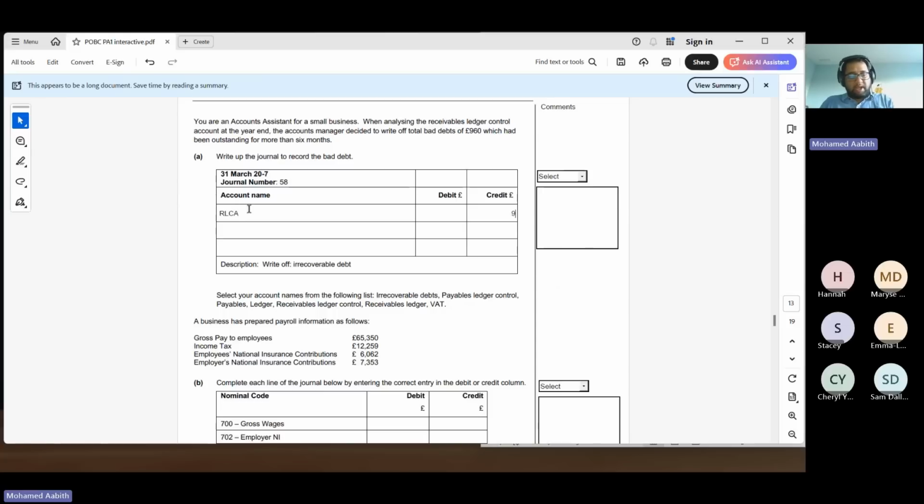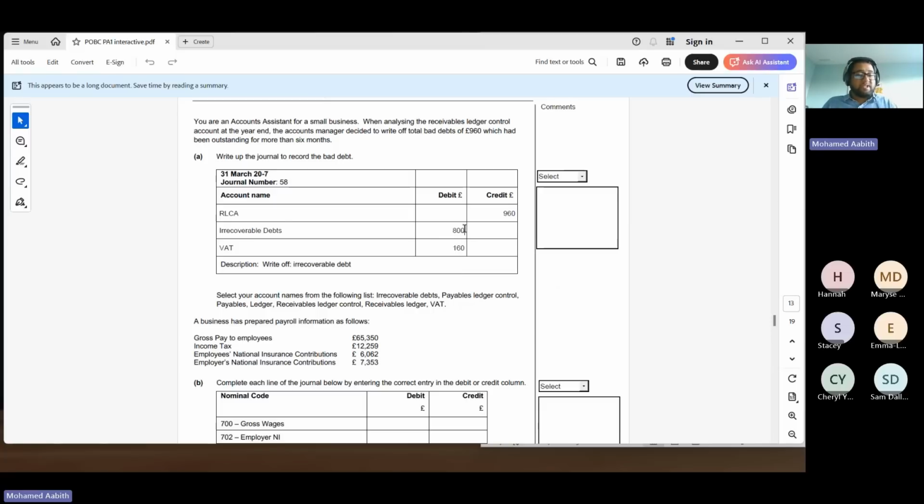So here 960, and then the entries on the debit side will be your irrecoverable debts account, and the next one has to be VAT. Why? Because you claim the VAT back. So if that is the gross, divided by 6, you get £160, which is your VAT you're going to claim back, and times that by 5, 800, that is your irrecoverable debt amount.